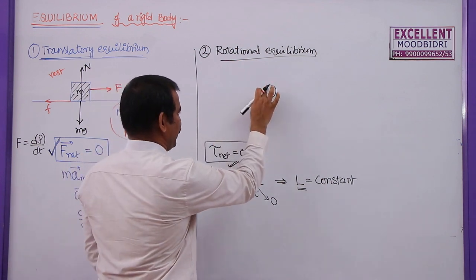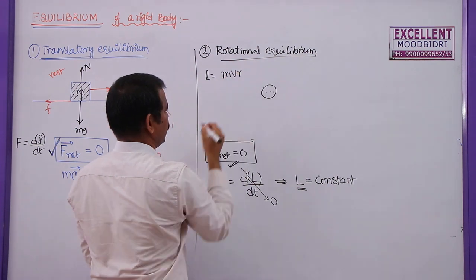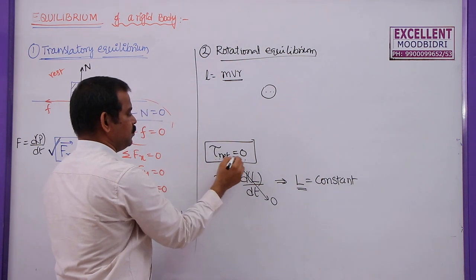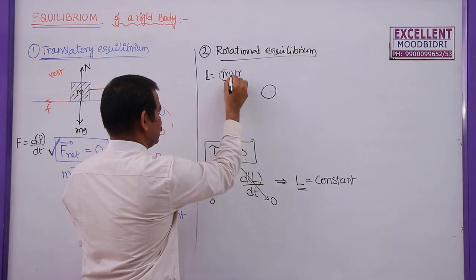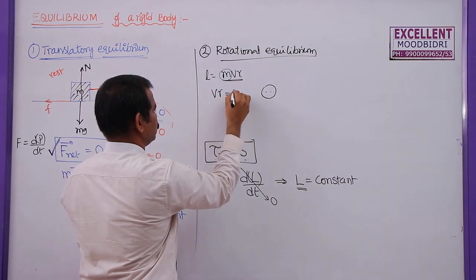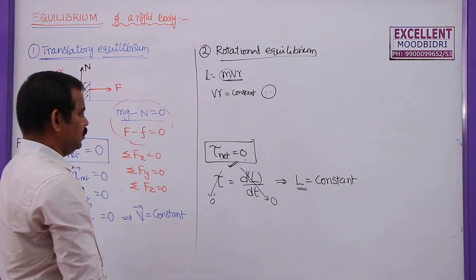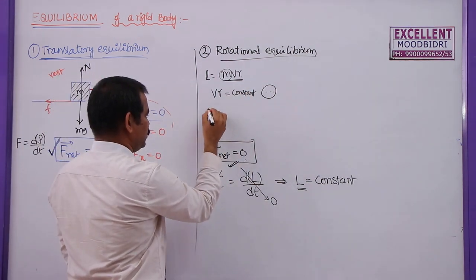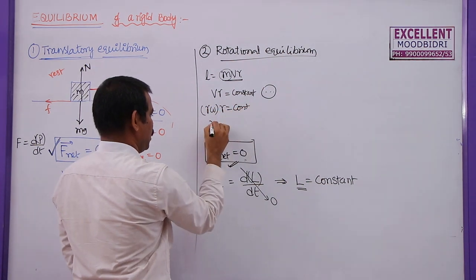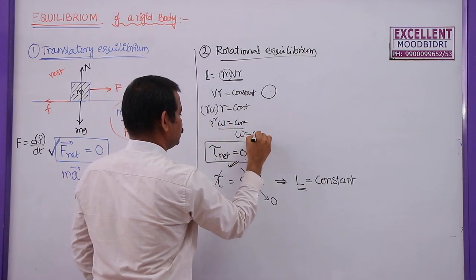Now, this angular momentum is given by L is equal to mvr. This product is always constant if the torque acting on the system is 0. Mass is constant, so vr is constant. Now, v is equal to r omega, so r times r omega, that is r square omega, is constant.